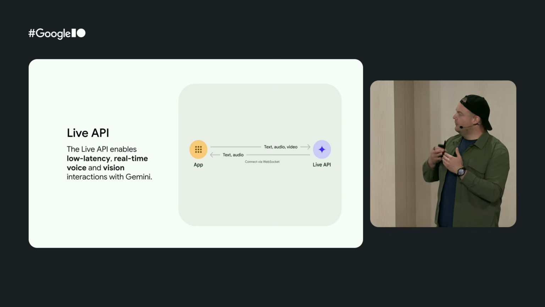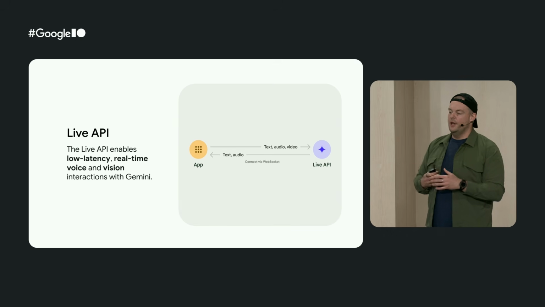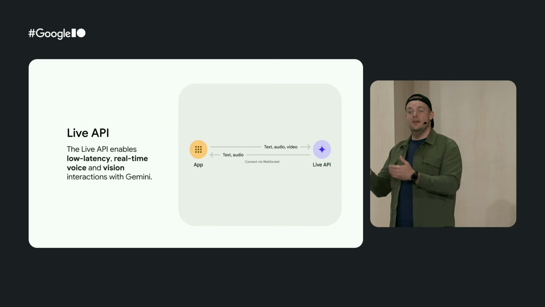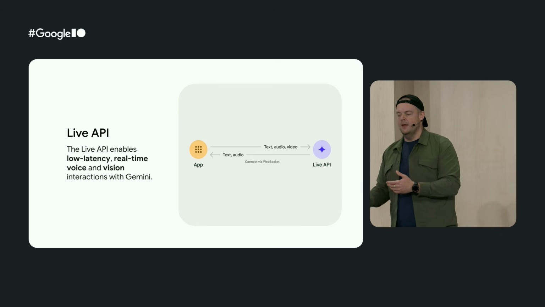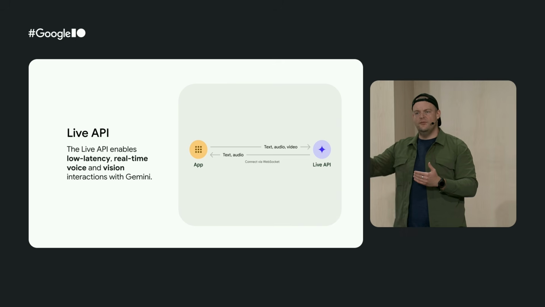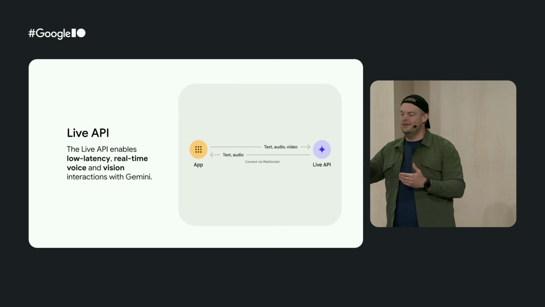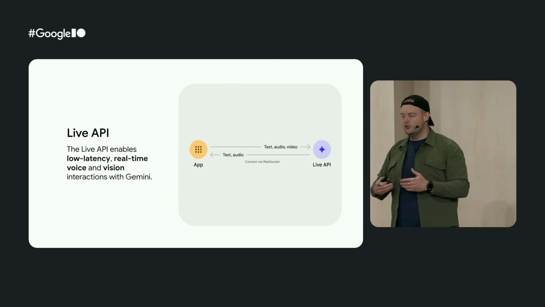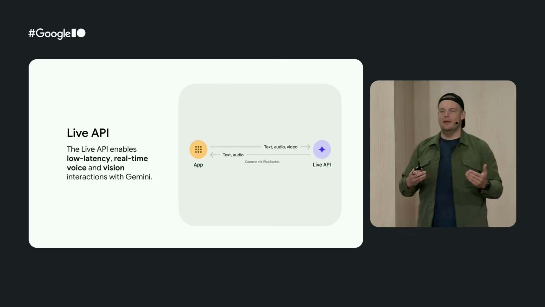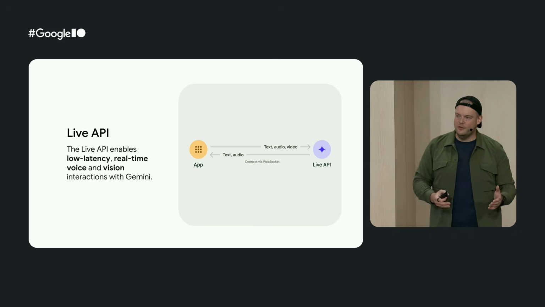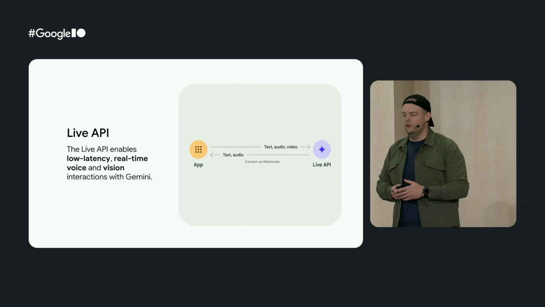So you can see here we have a stateful WebSocket connection, and over this connection we can send text, audio, as well as video frames to the model, and the model will understand the images, but also the physics behind the video and understand kind of what is happening in the video frames. And then it can reason over that, it can execute function calls, and it can reply back in real time using audio as well as providing the text transcript for both the input and the output text.